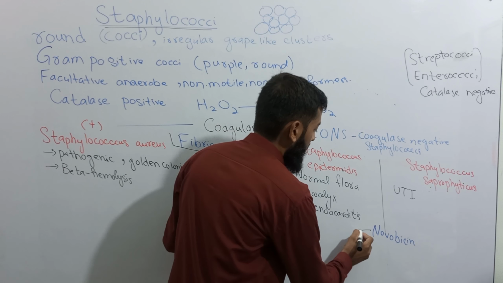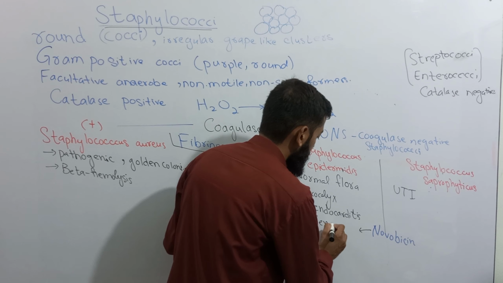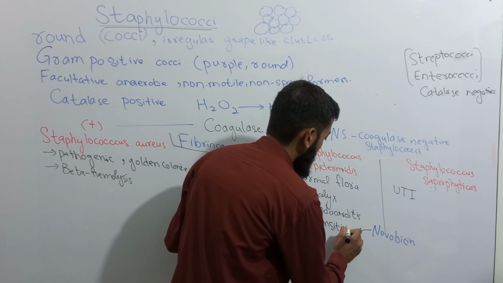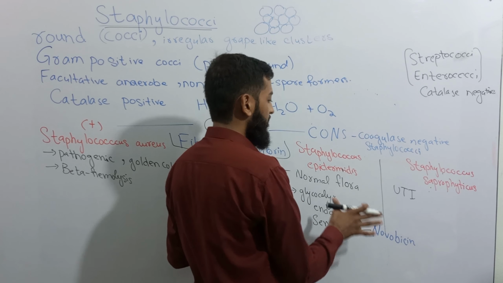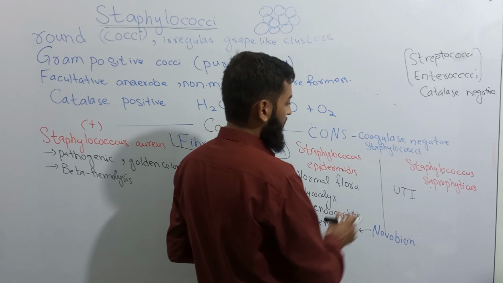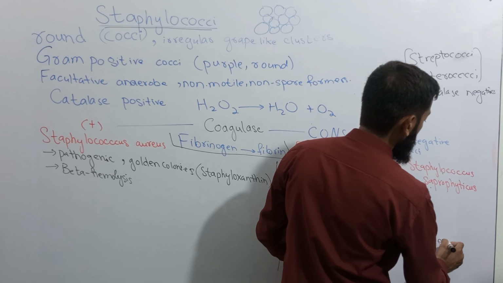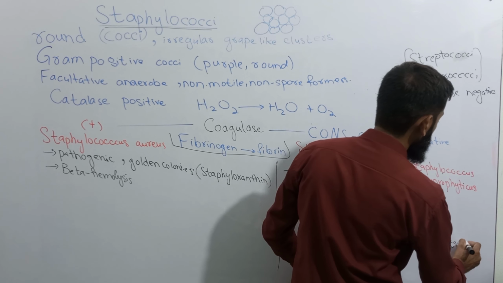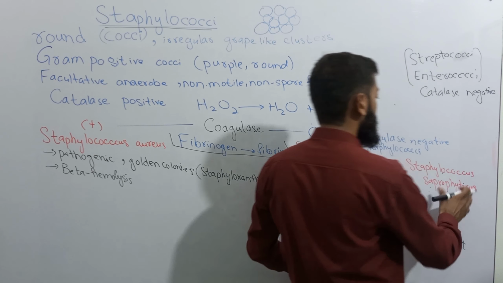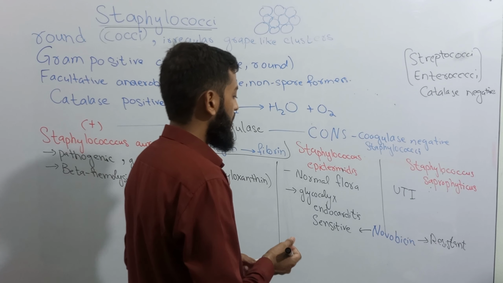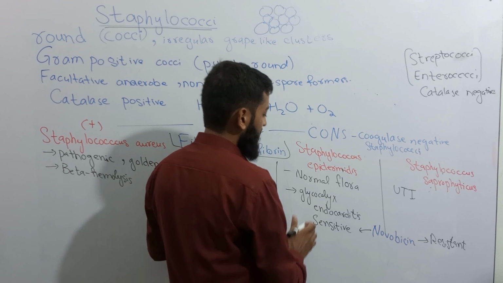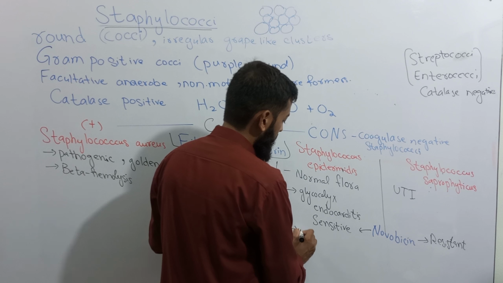Staphylococcus epidermidis is sensitive to this drug, so in its presence it cannot grow, whereas Staph saprophyticus is resistant to this drug and can grow. Just keep in mind that Staph epidermidis produces white colored colonies.